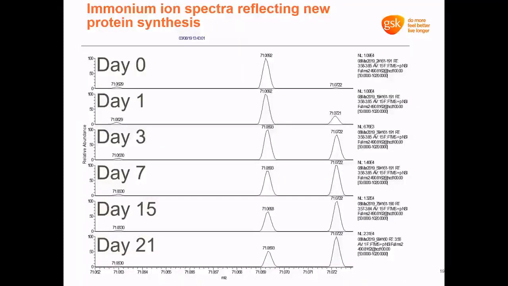Here's an example of what the isotopolog spectra look like as a function of label incorporation, where at time 0 you have very little 2H ammonium ion isotopolog abundance. It's basically the baseline theoretical amount, and as a function of new protein synthesis over 21 days, there's a graded and measured increase in 2H abundance, which is reflecting the new protein synthesis.